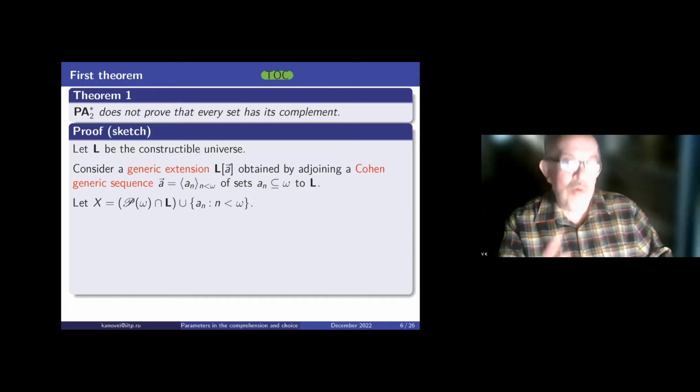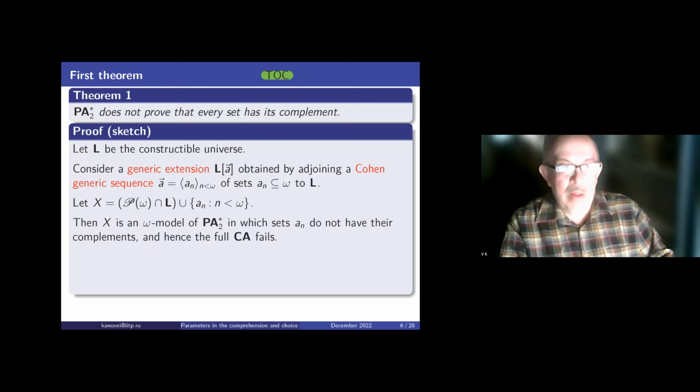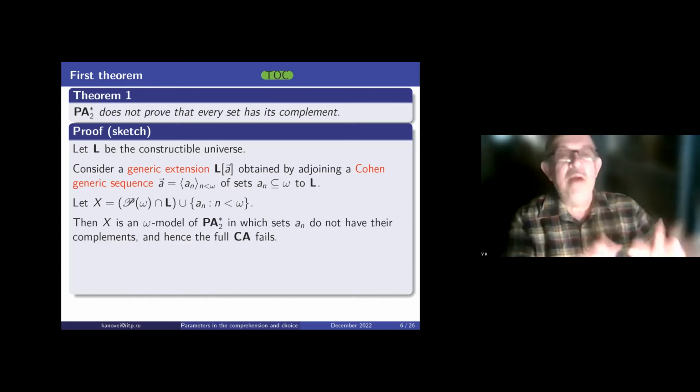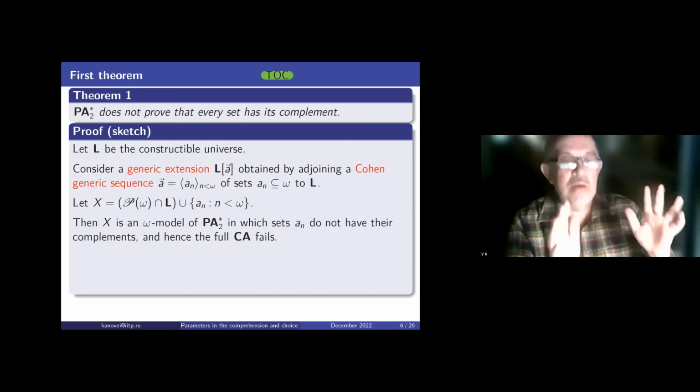We adjoin only these reals and nothing more. We don't adjoin their complements, don't adjoin their other combinations, nothing. Only these reals as such. And this X is a collection of sets of integers.